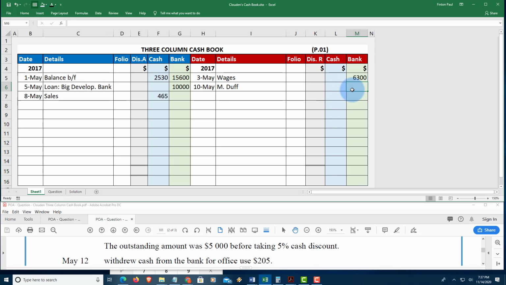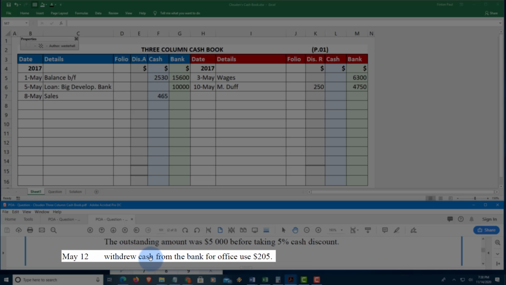So we're supposed to give them 5,000. However, we have to deduct 5%. So 5,000 times 5 over 100, 250. So it means we'd give them 5,000 less the 250. We'll give them $4,750.